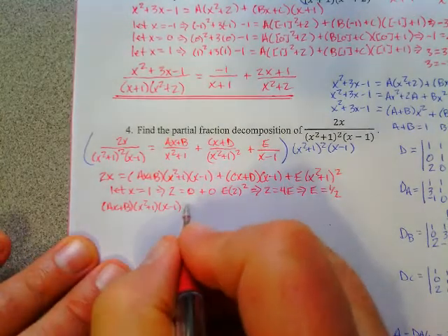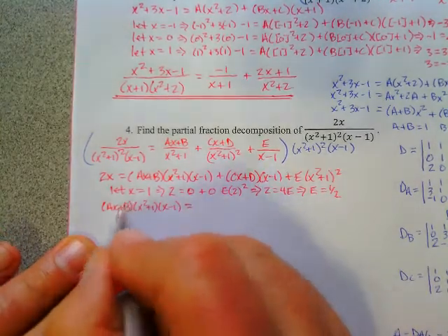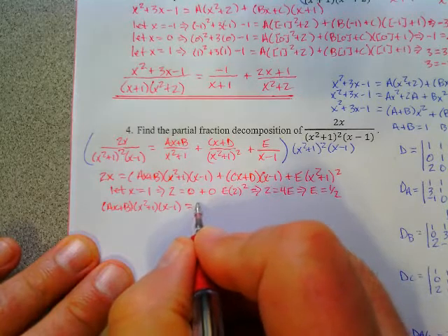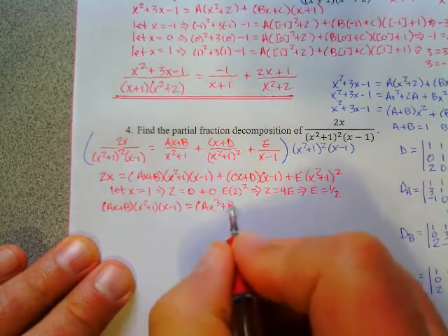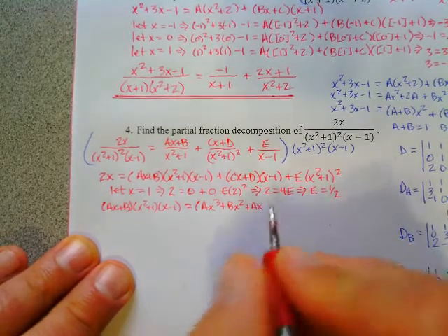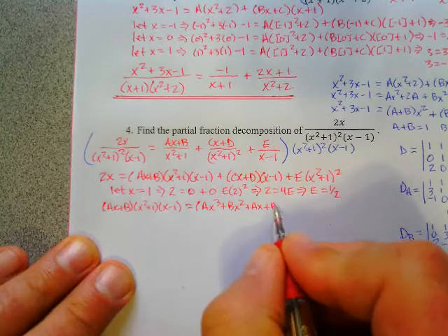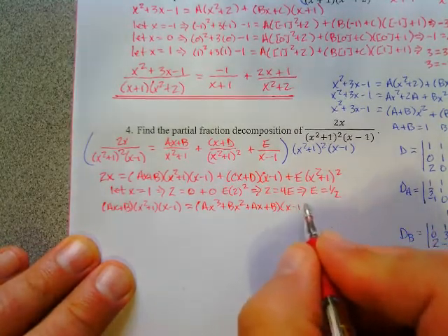That will equal, when you multiply all those pieces together, let's see, first we can FOIL this. So that's going to be ax cubed plus bx squared plus ax plus b. And now we want to do that times the x minus 1.